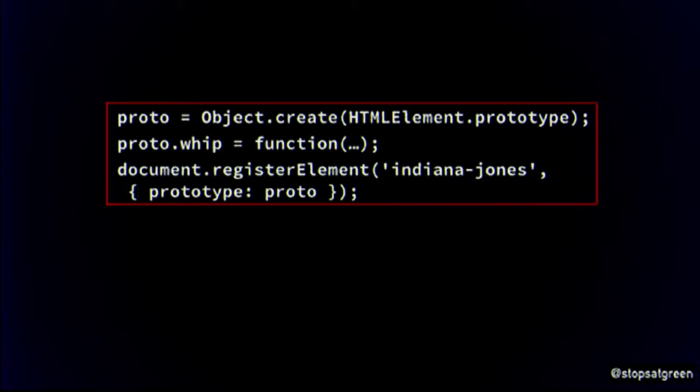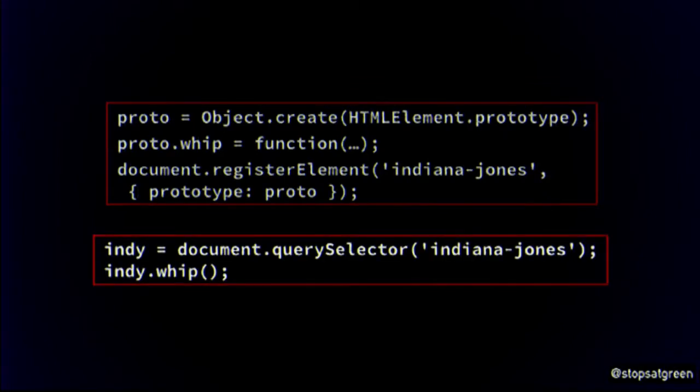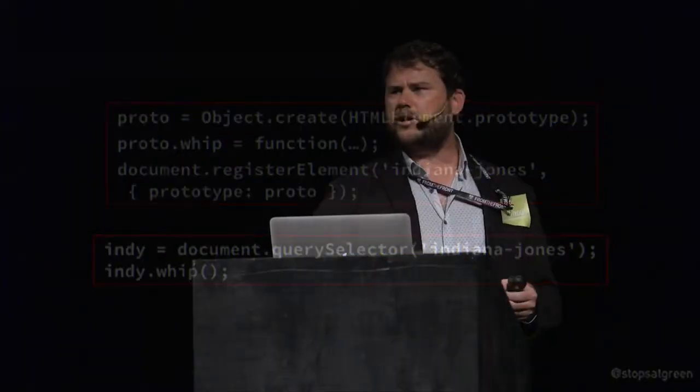So it's like a standard element, but it's also got this new method called whip. And then in your document, you can find it in the DOM as usual and just call that method. So you've created basically a very, very simple API for that element. And you can extend that way, way more than I've done. You can create a totally custom API for each element that you include, which is very nice.